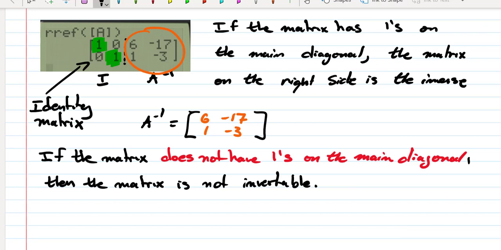So that tells us whether or not the matrix is invertible: if we end up with ones along the main diagonal. All right.